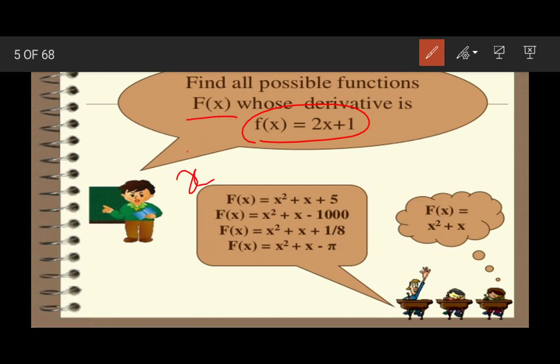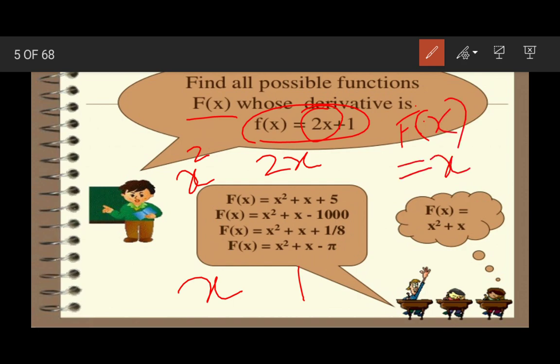Now we know that the derivative of x square is 2x, and the derivative of x is 1. So if the derivative is 2x, that means the original function F of x will be x square. 2x is a derivative and hence the function is x square, plus the derivative is 1 and hence the function of 1 is x. So the function is x square plus x.